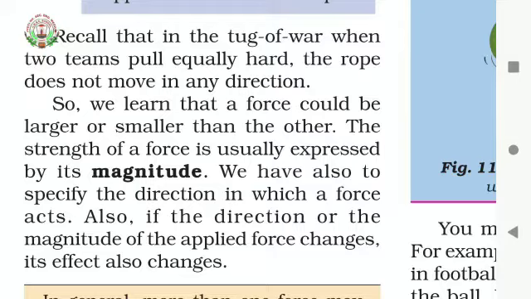So we learned that a force could be larger or smaller than the other. The strength of a force is usually expressed by its magnitude. Magnitude means numerical value. We have also to specify the direction in which a force acts.